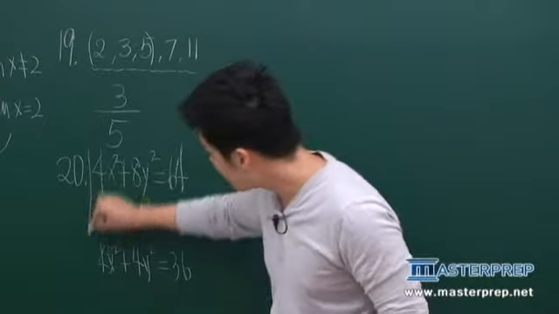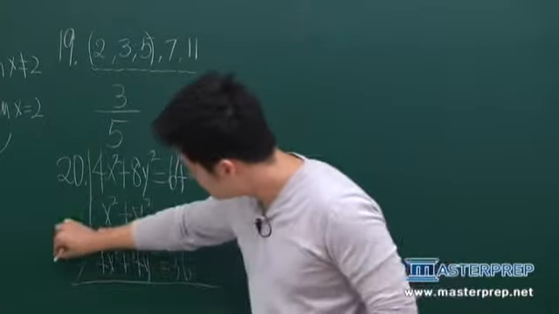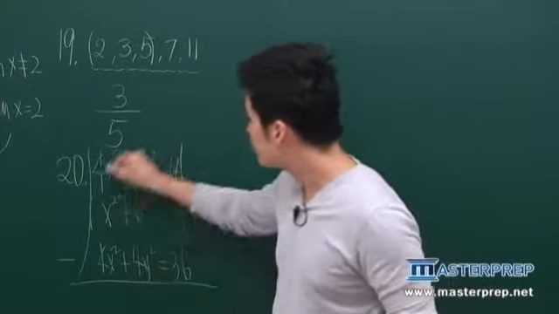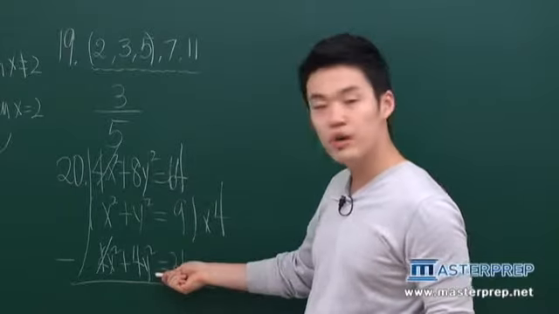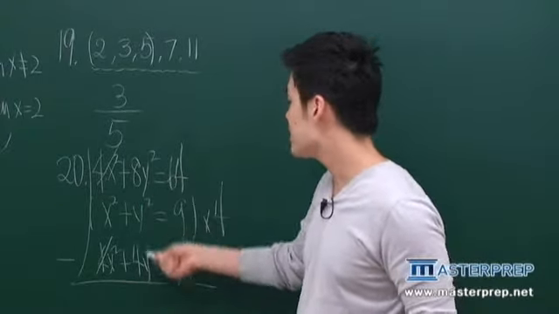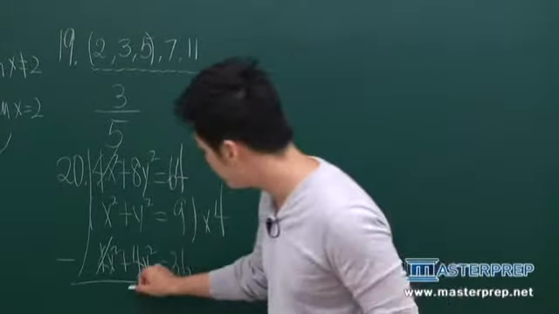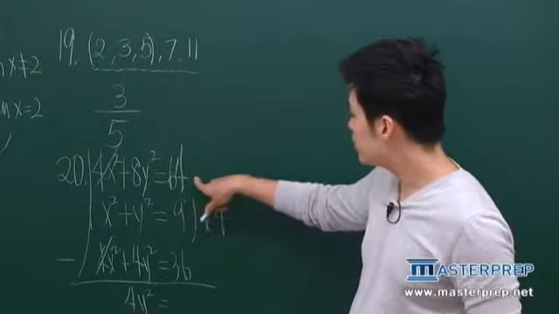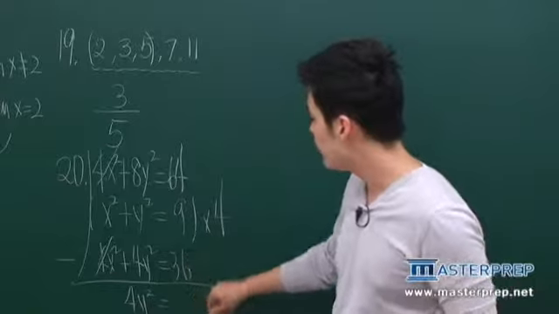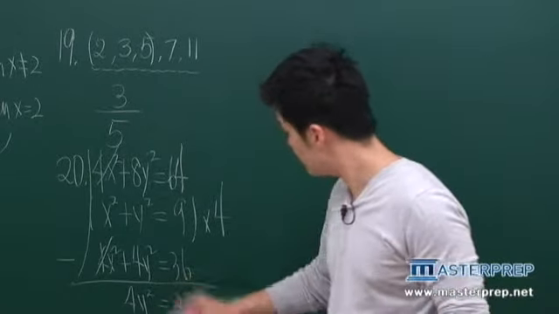So if we subtract it, what happens? We cancel out the x squared terms, and 4y squared minus 8y squared is minus 4y squared, which is equal to 36 minus 64, so 4y squared equals 28, right?